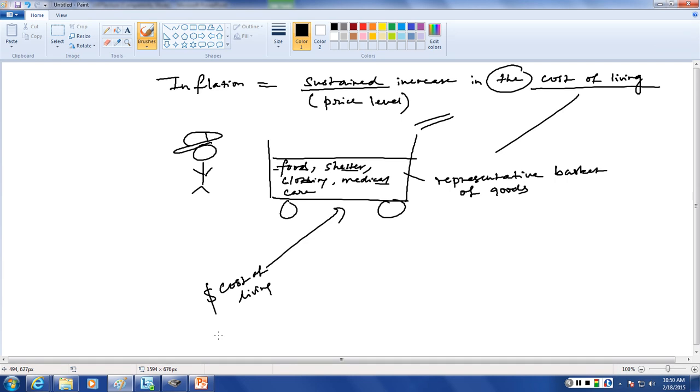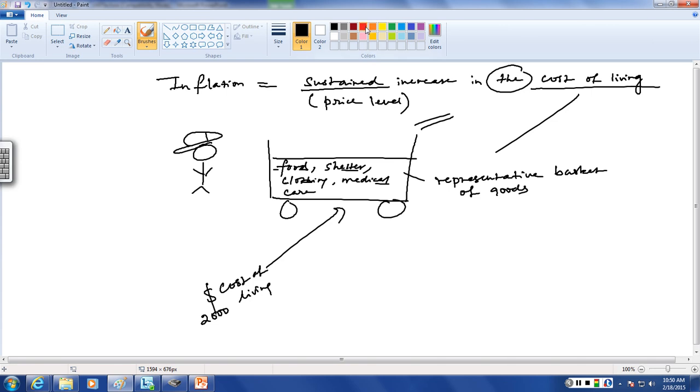The dollar cost of that basket is the cost of living. Right? Now this basket, let's say, in the year 2000, cost a certain amount. And hence I've put 2000, the date 2000, below that dollar sign. Remember, we're going to put dates below dollar signs. So this was the cost of living in the year 2000.